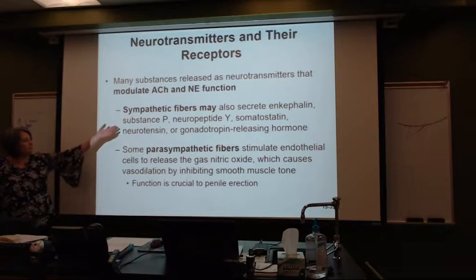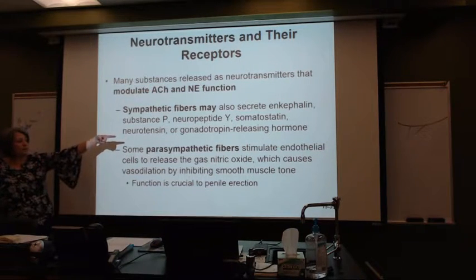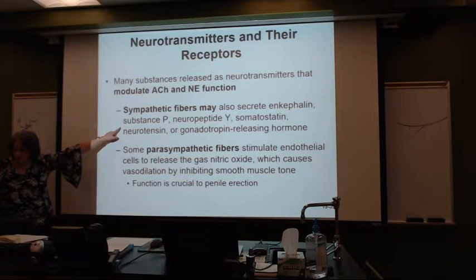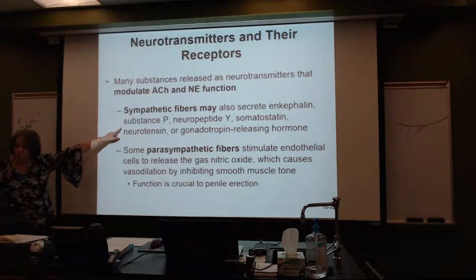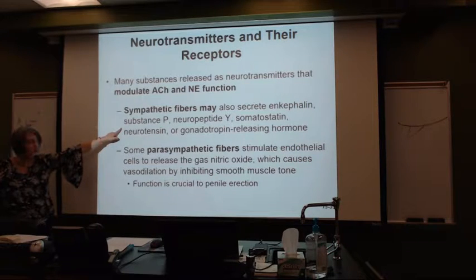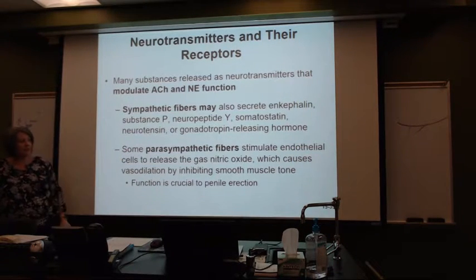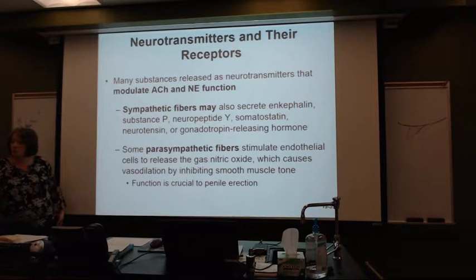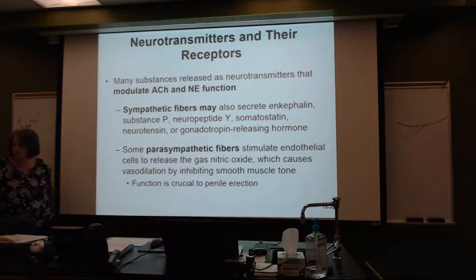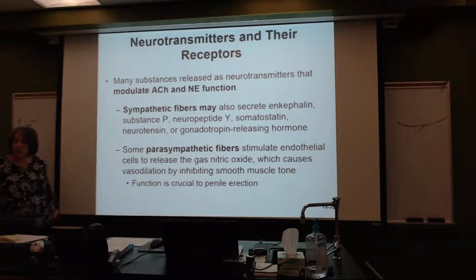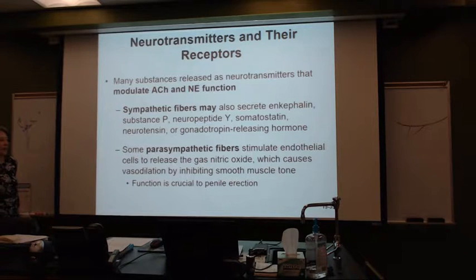Stuff like substance P and neuropeptide Y are going to help decrease the function of the GI system, which is what the sympathetic division does. Somatostatin is one that affects glucose. And one of the things we want to do is increase glucose levels with the sympathetic division. So their job is to hopefully increase the effects.